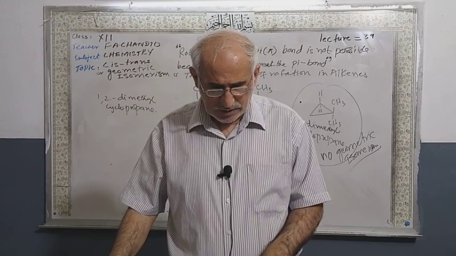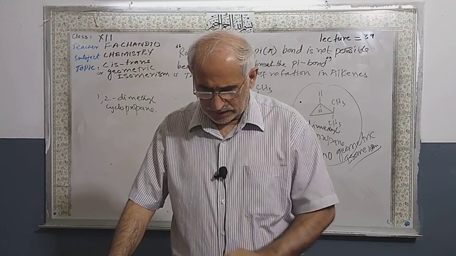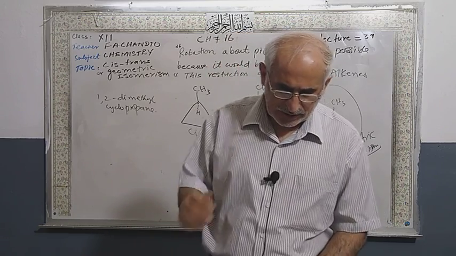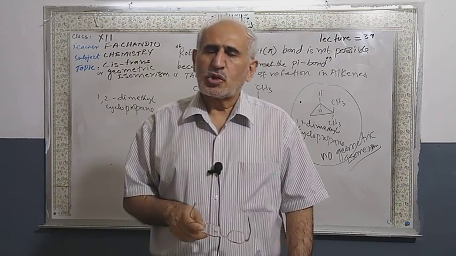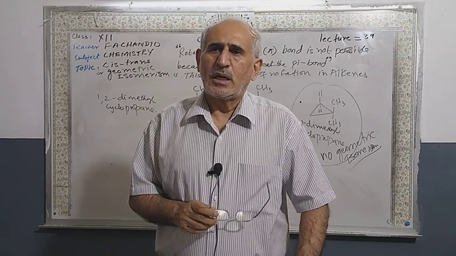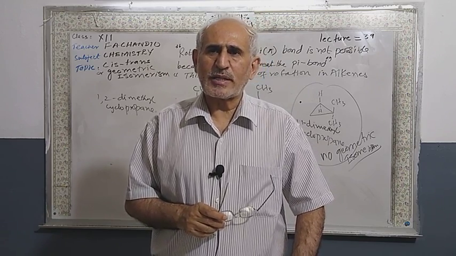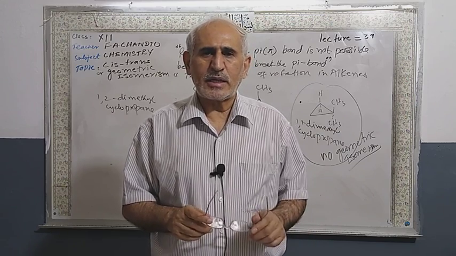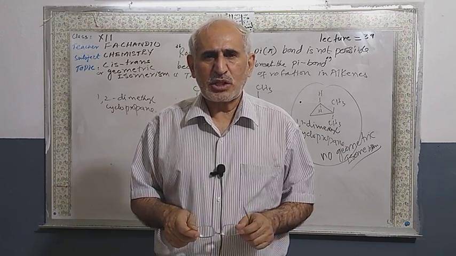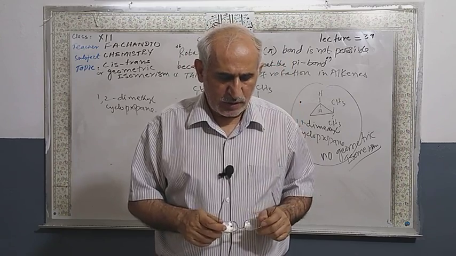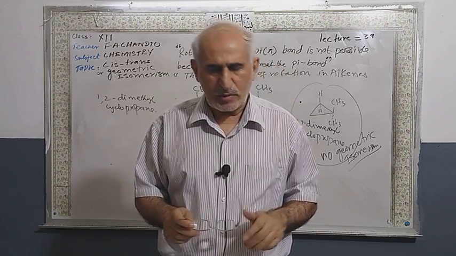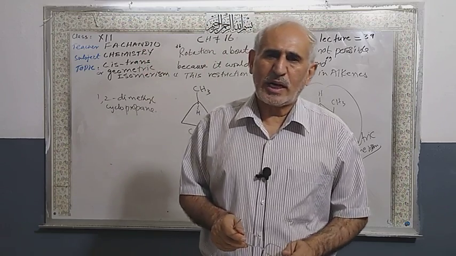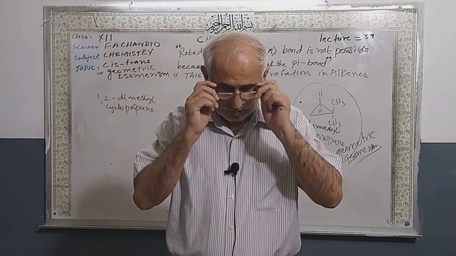So, dear students, this is about cis and trans geometrical isomerism. Students, we completed the structural isomerisms, and I told you 5 types. And then I completed stereoisomerism. Stereoisomerism has 2 types. One is optical isomerism, which I told you, and the other is geometrical or cis-trans isomerism.